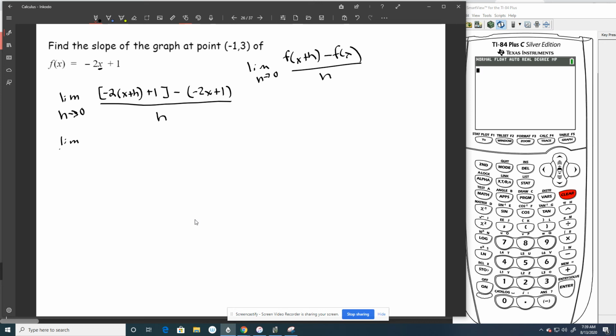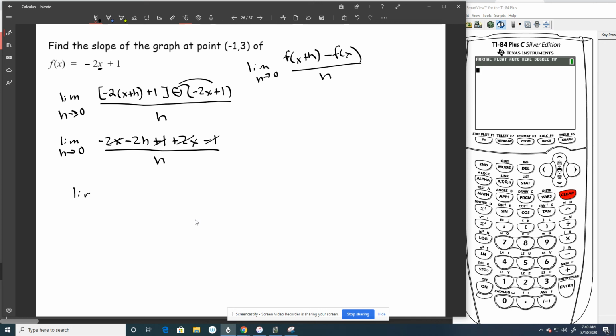So my limit as h goes to 0, I'm going to go ahead and distribute the -2. So that becomes negative 2x minus 2h plus 1. And then I'm also going to distribute this negative. So that becomes a plus 2x, and a negative times a 1 is a minus 1. Now, if you do this correctly, everything inside this parenthesis should end up canceling, because my positive 2x and my negative 2x cancel, and my negative 1 cancels with this positive 1.